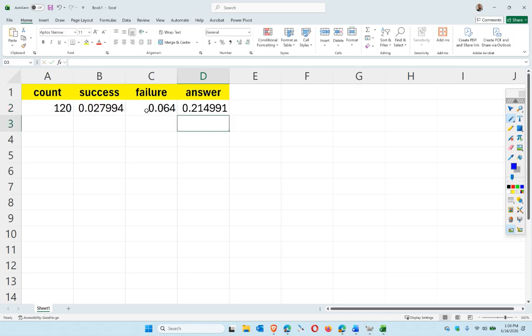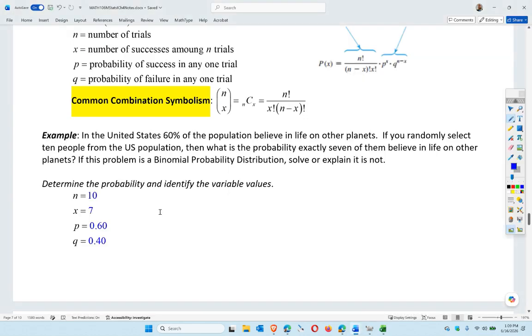I get about 21% essentially is what my answer should be, right? Okay, so if I look at my notes, probability of 7 is about 21% chance if I'm going to find 7 people, right? Could I have more or less? Yes. So other times I'm going to find more than 7 or less than 7 people that believe in aliens essentially.